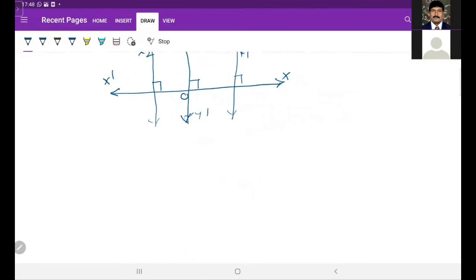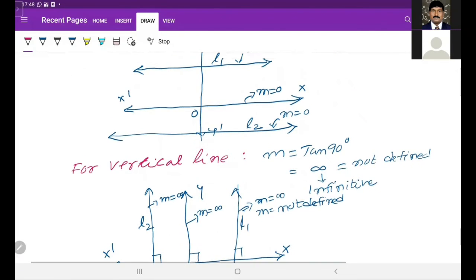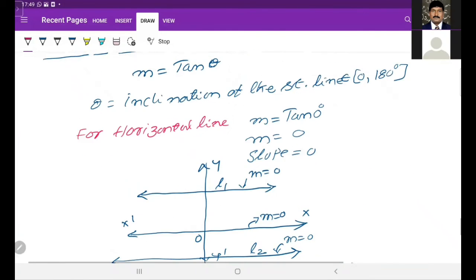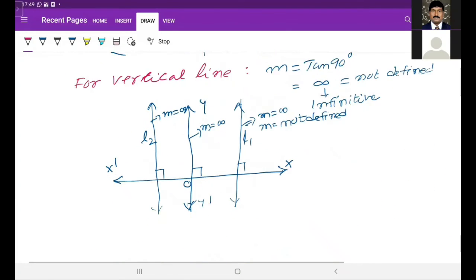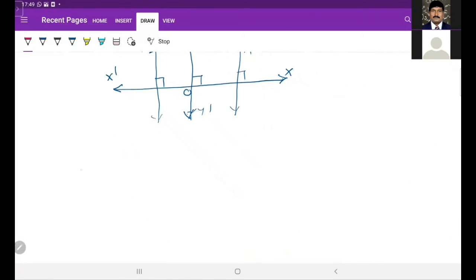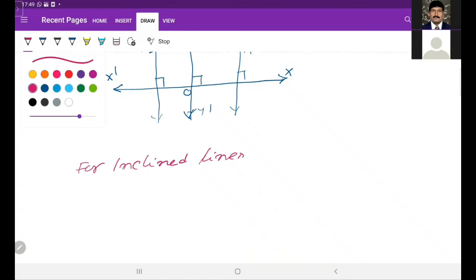Next, third one. The first one was horizontal lines, over. Okay. Next, vertical lines, over. Next, the third one is inclined lines. M for inclined lines, slope equal how much?